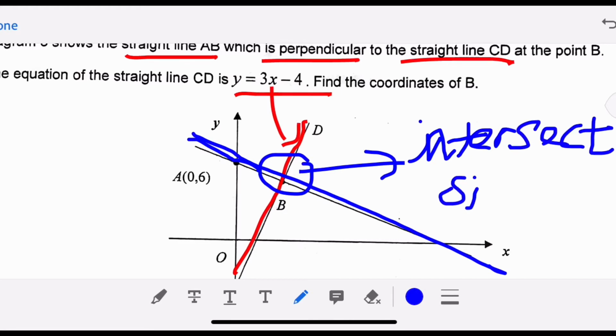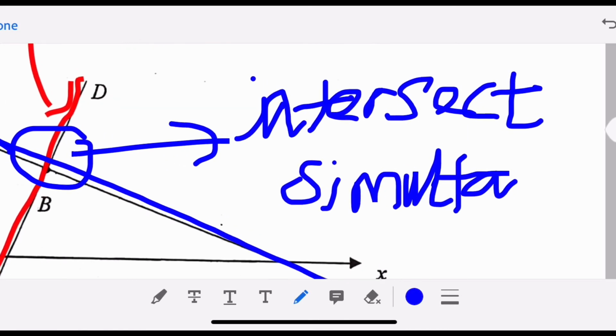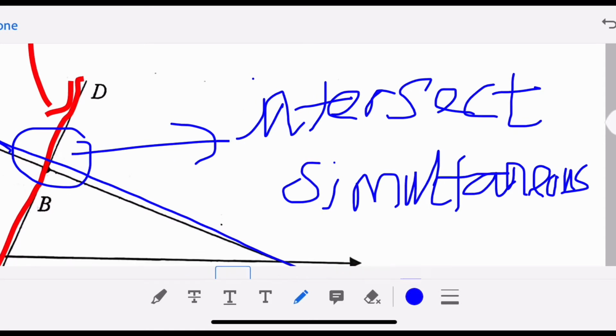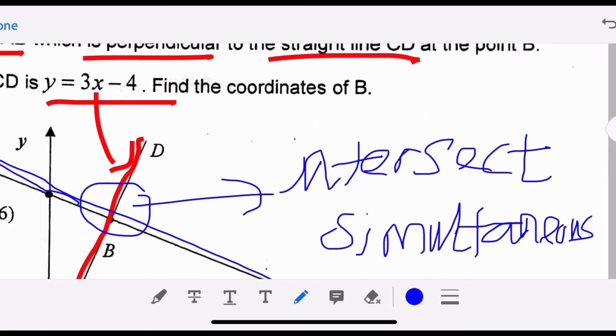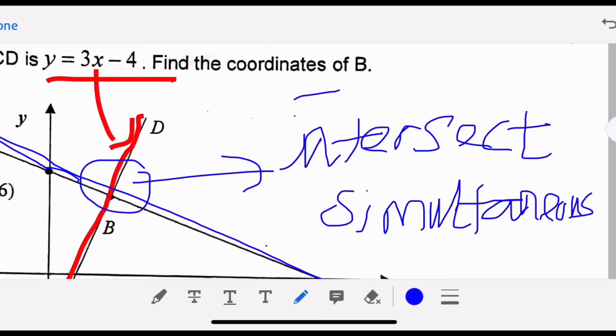When you see the word intersect, you will think of using simultaneous equations. In additional maths, when you see intersect, you have many concepts about it. One is two roots, intersecting at 2 points, b squared minus 4ac more than 0.